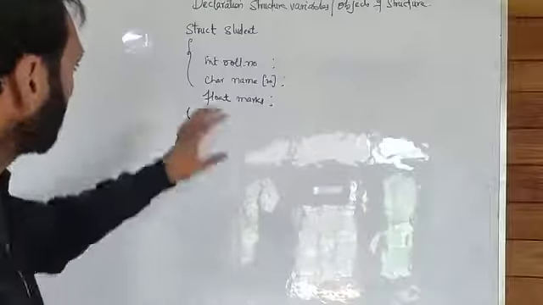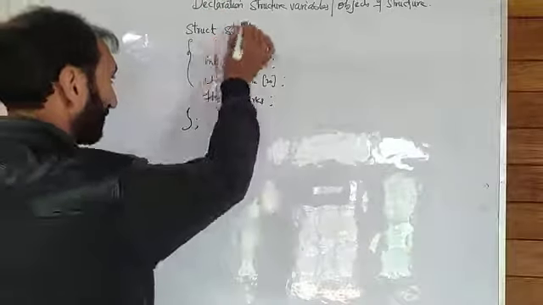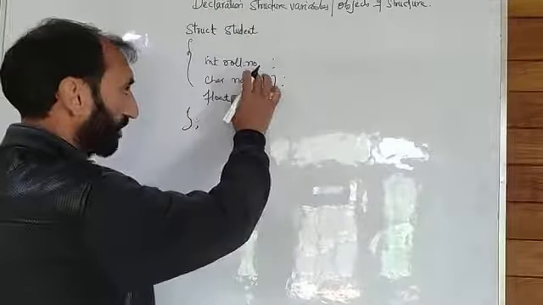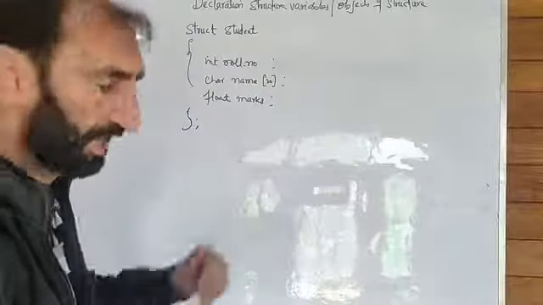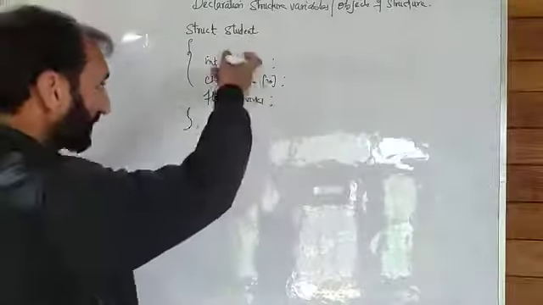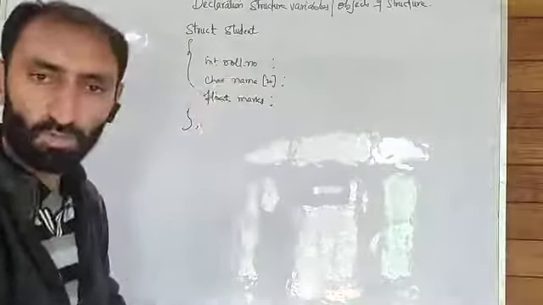Here I have declared a structure by the name student, and these are the members of the structure: roll number, name, and float marks. Here, roll number is of type integer, name is of type character, and marks are of type float.